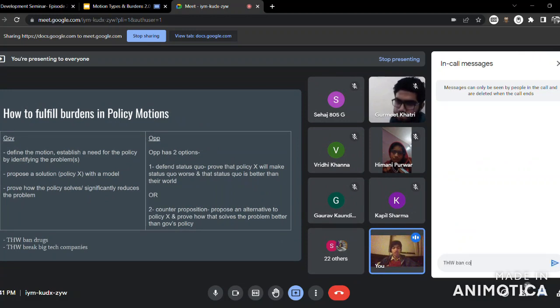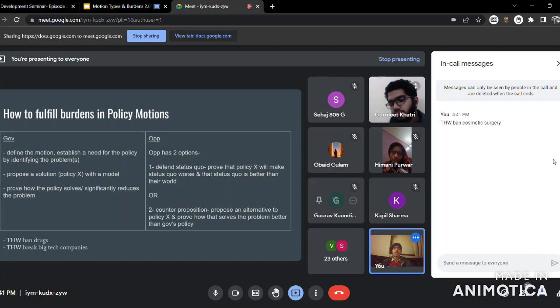If the motion is this house would ban cosmetic surgery, on Gov, it's a fair definition if they define this ban to be on all cases except, let's say, burn victims or people like that.